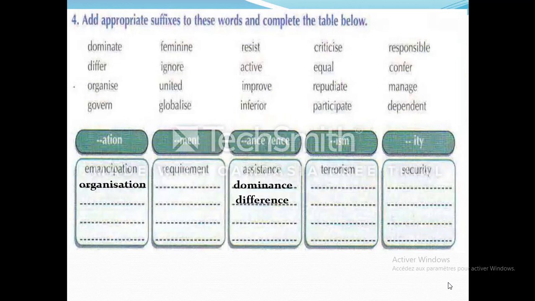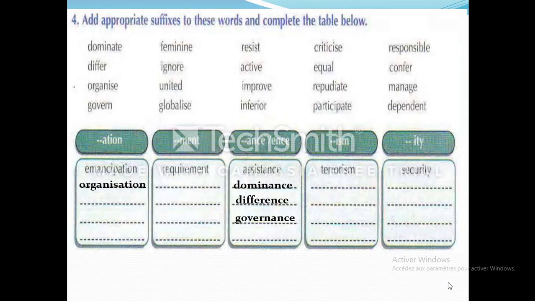Next, dominate becomes dominance, or domination is also correct. Next, govern, it's governance, or we can also say government, which is more common. Very good.